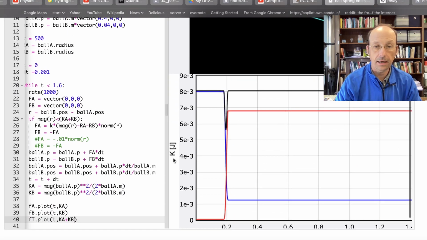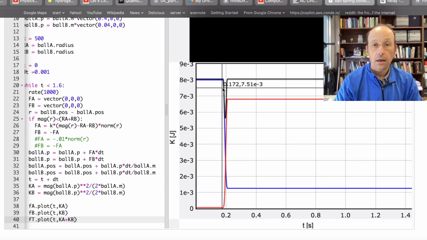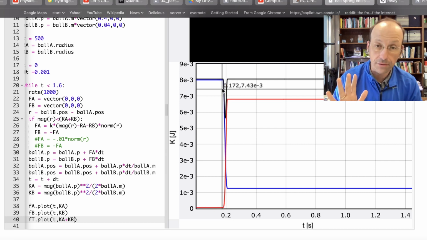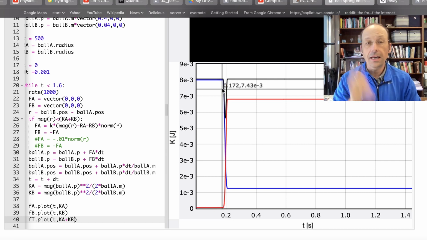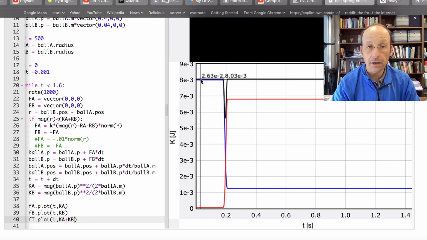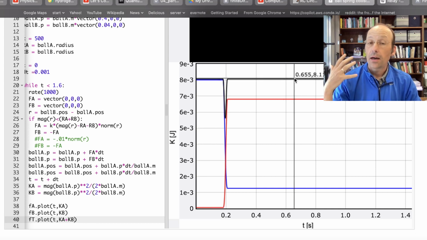Okay, so there's my kinetic energy. This is great. I love this, because look, is it an elastic collision? Yes. Right up here is the total kinetic energy. Black is the total kinetic energy. The kinetic energy before, the kinetic energy after, the same.